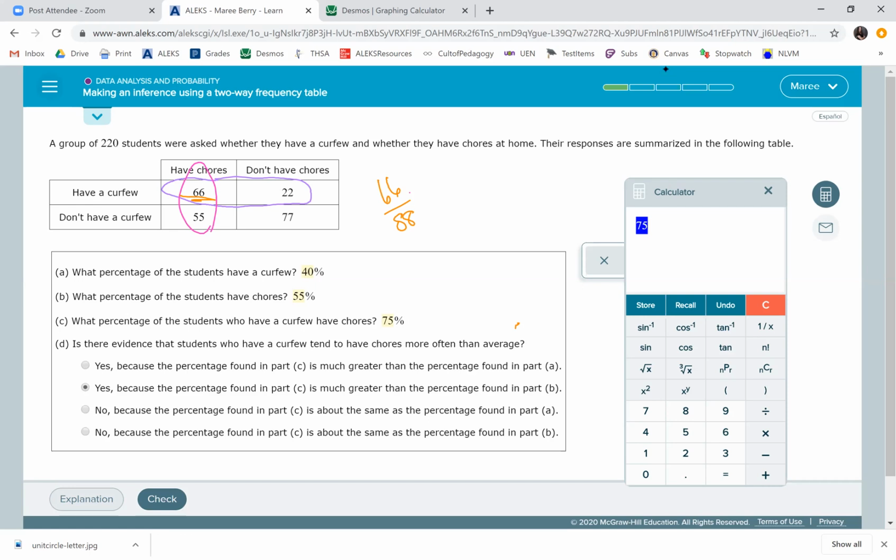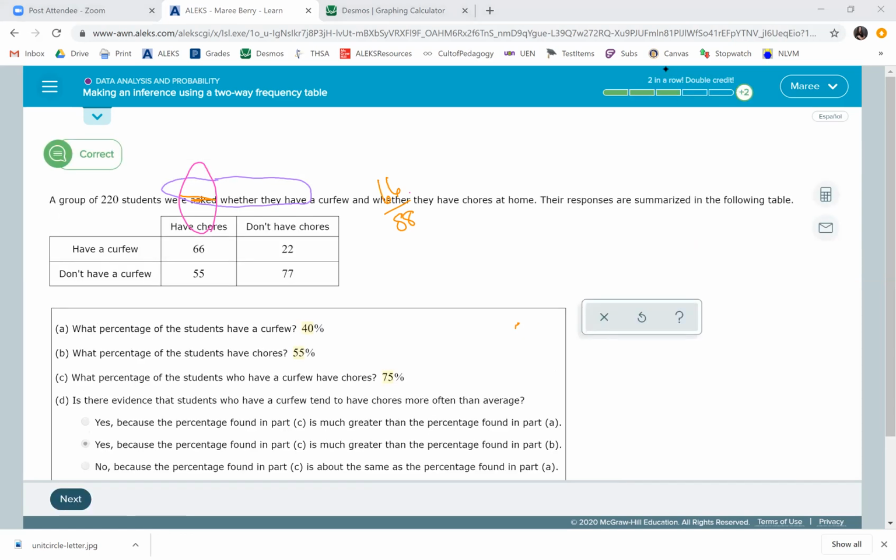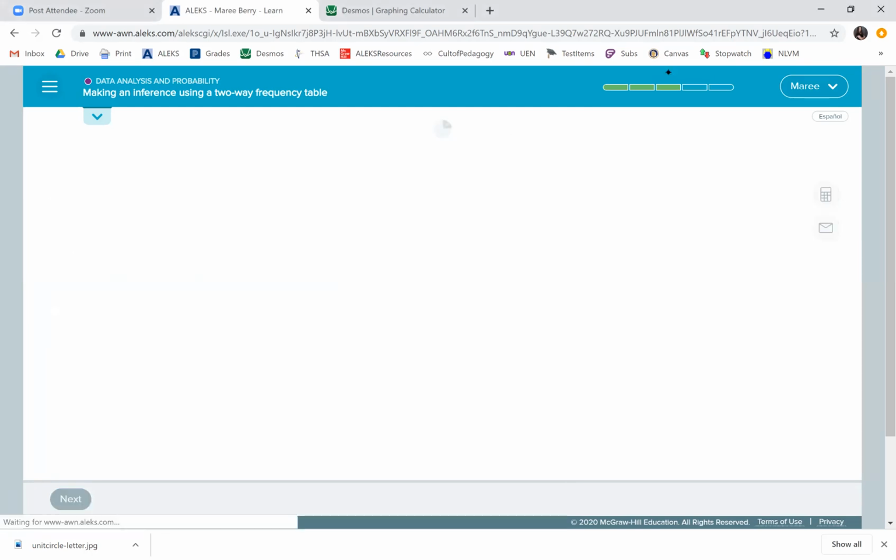It just says they have a curfew. So 40% have a curfew, but 55% have chores, and then 75% have a curfew and chores. So it would be the second one. You kind of have to read these carefully, I think, to understand. Okay, so we'll go ahead and do the last one.